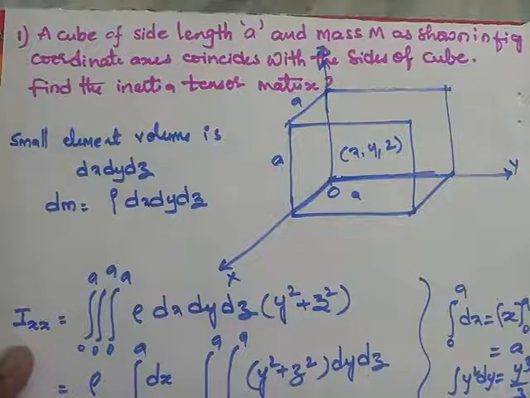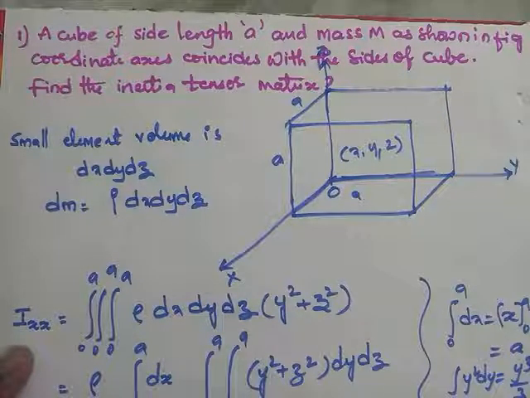Again integrate with respect to z: rho into a, a cube by 3 into z plus z cube by 3 into a, with limits 0 to a.